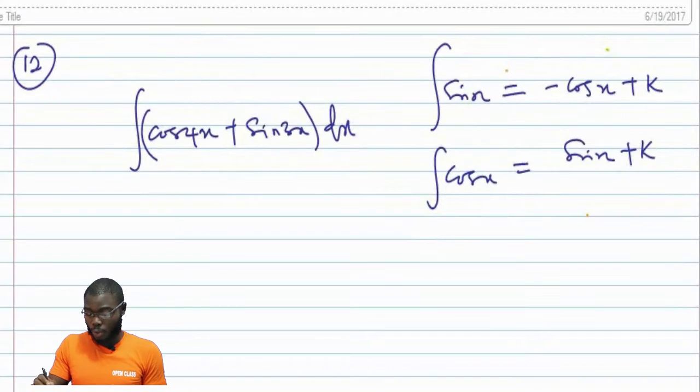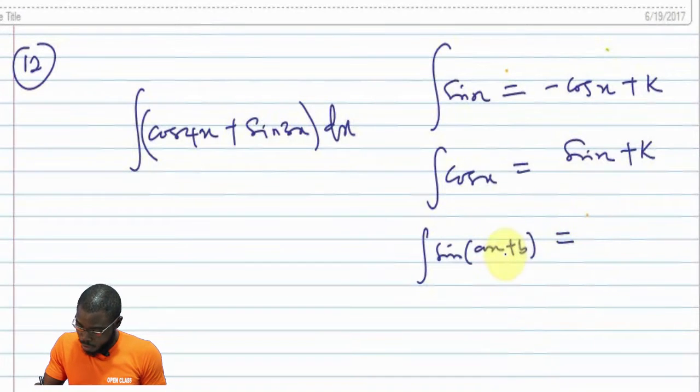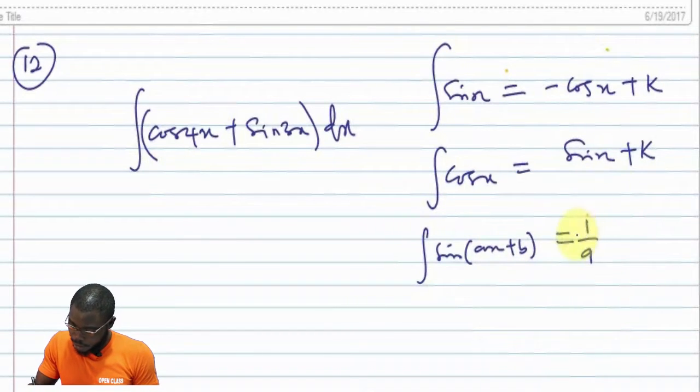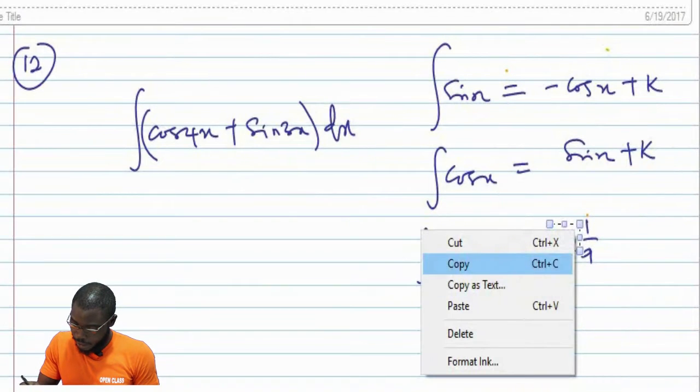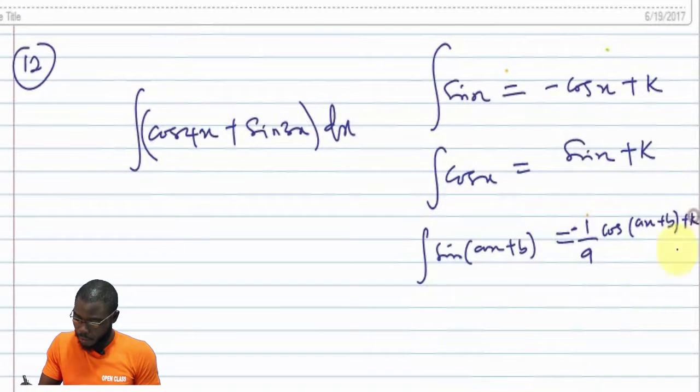Another fact that you need handy is if you integrate sine of ax plus b, the answer is 1 over a, that's 1 over the coefficient of x, then negative cos of ax plus b, then you add your arbitrary constant.